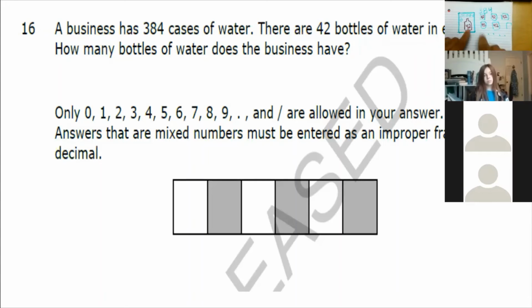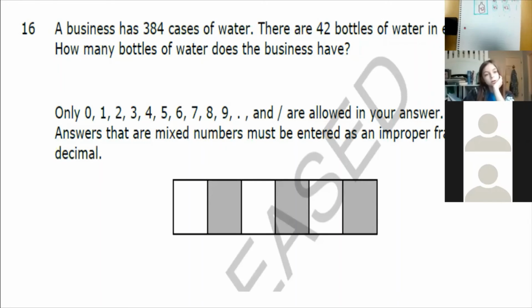So if we want to know how many bottles in total there are in the entire store, that sounds to me like repeated addition. When we do repeated addition, what is the operation that we can use to get to the total faster? I think multiplication.